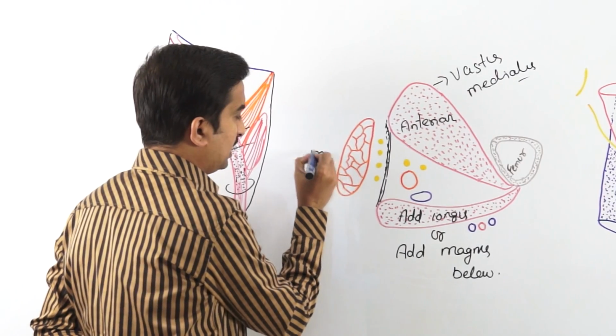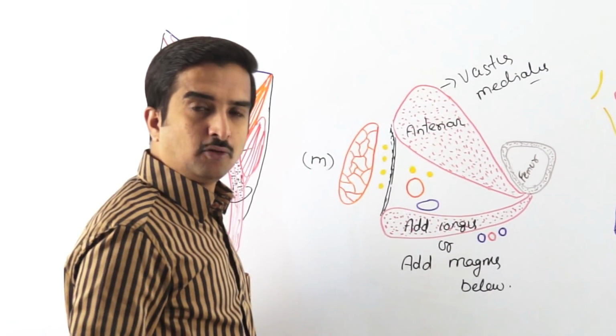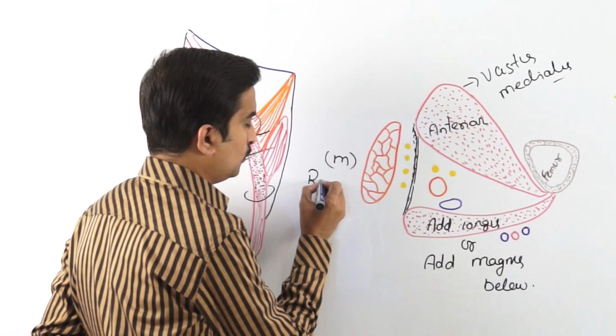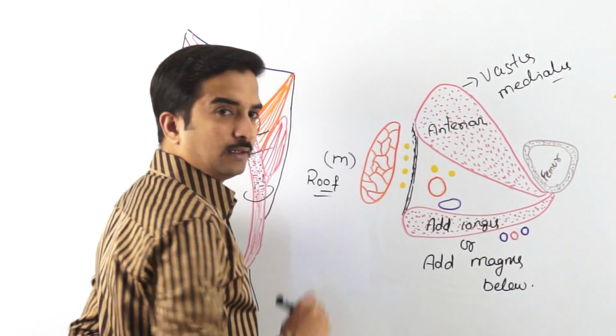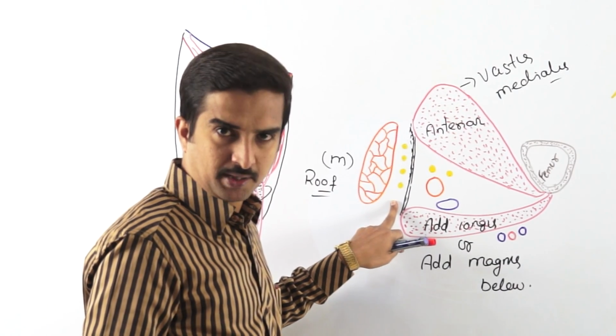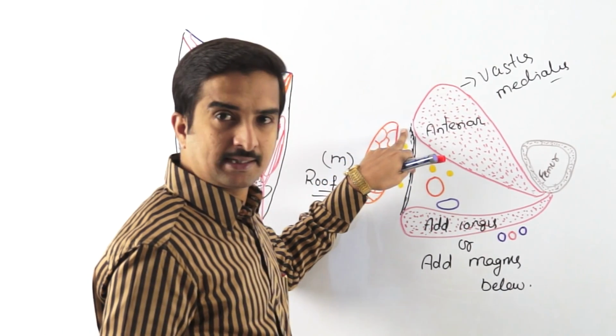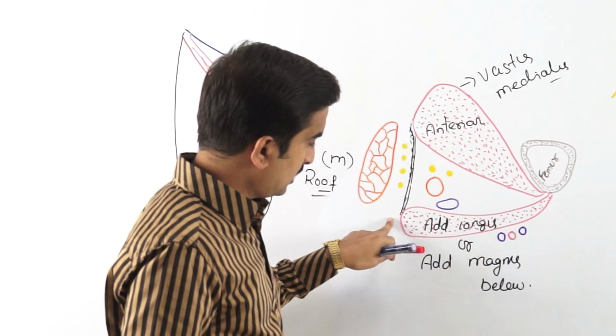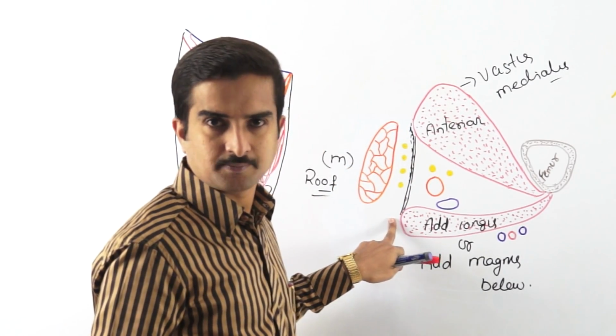So this is the medial wall. The medial wall is also called the roof of the canal, and it is formed by a strong fibrous membrane which joins the anterior and posterior walls.